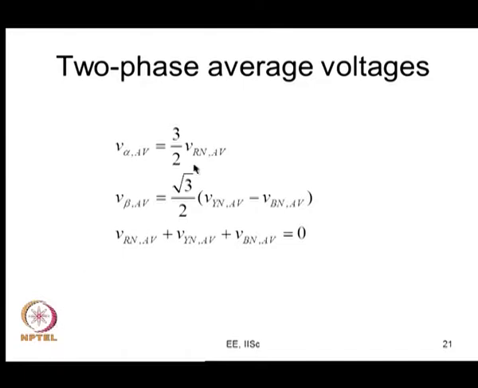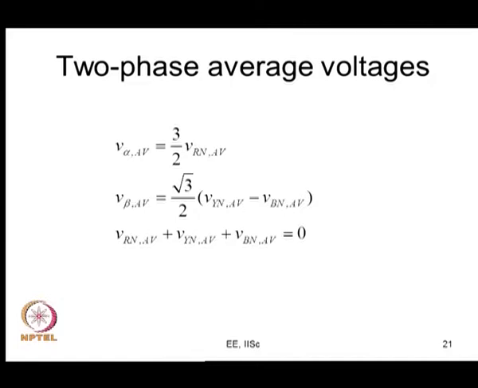So, once you have these 3 phase average voltages, this is VRN average, this instantaneous VRN has been averaged over one subcycle. Similarly, VYN has been averaged over one subcycle, VBN has been averaged over one subcycle. Now you do your space vector transformation on VRN average, VYN average and VBN average. This gives you what is called V alpha average and V beta average. These are the components of the voltage space vector of the average vector.